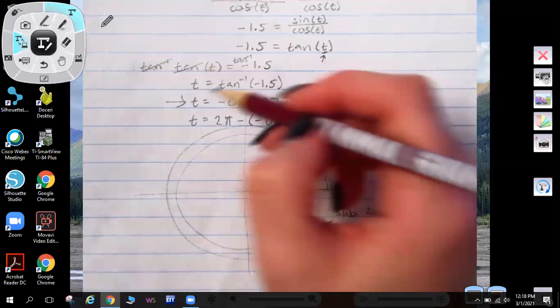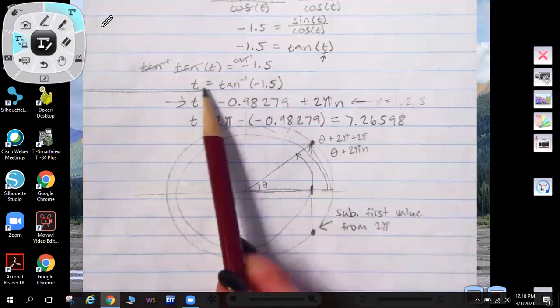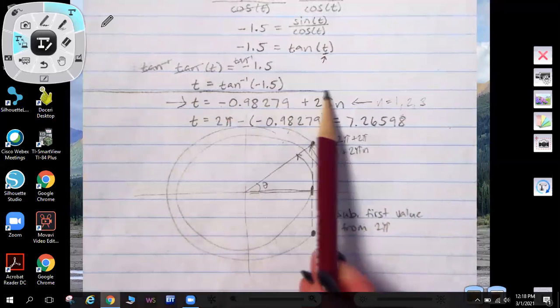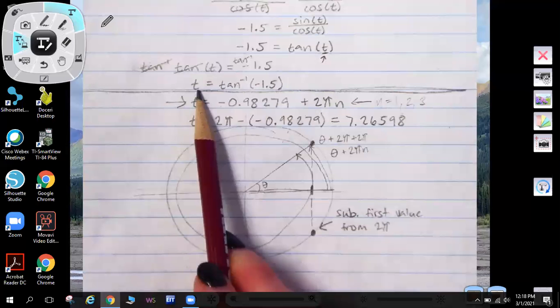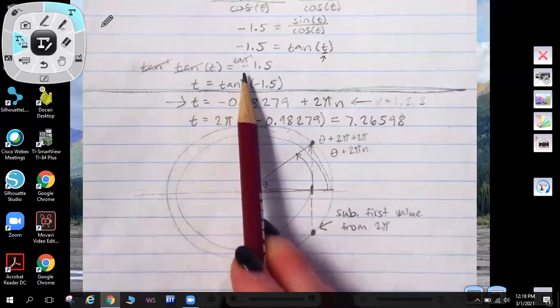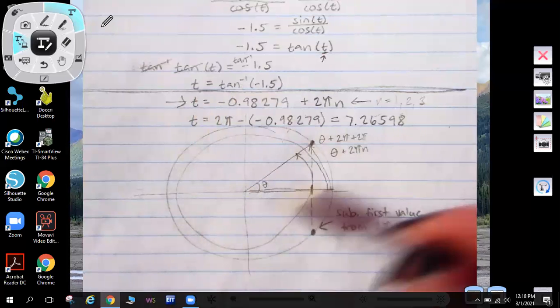So this is where we need to change directions. After we wrote t equals tan inverse of negative 1.5, anything after that we're going to ignore for a second.